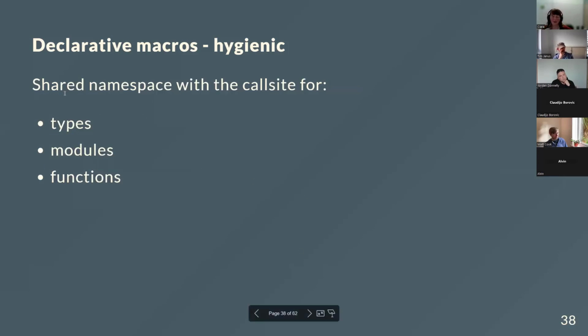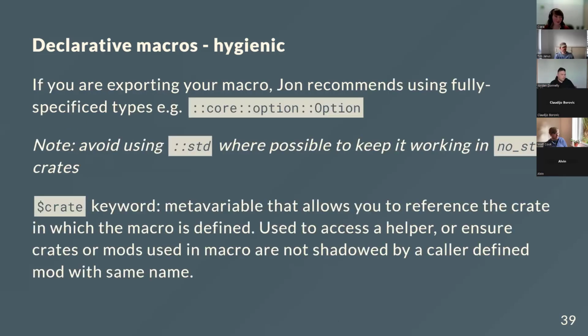So you have a shared namespace with the call site for types, modules, and functions, which is really useful because you often use macros to generate functions, to generate types, to throw in test modules and things like that. Yeah, you don't have a variable, so you lose this shadowing problem that can cause you a lot of headaches and confusion in other languages. It's particularly C, but C has many a problem with macros.